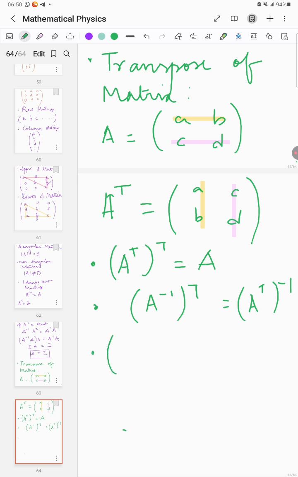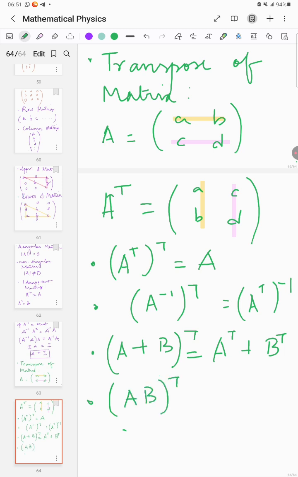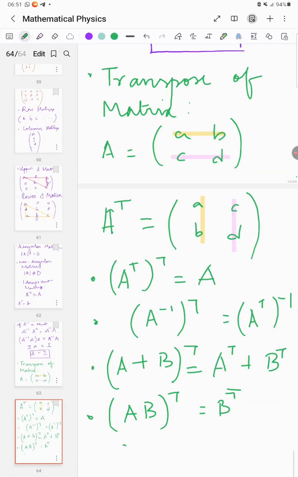Alright, now A plus B transpose will give us A transpose plus B transpose. Now AB transpose will give us B transpose into A transpose. Alright.